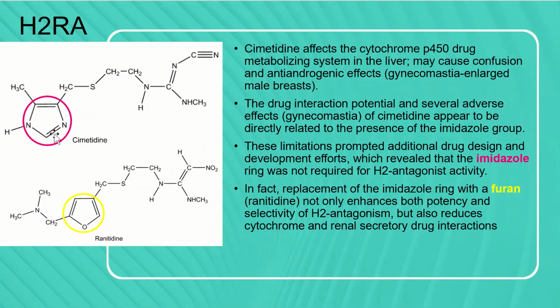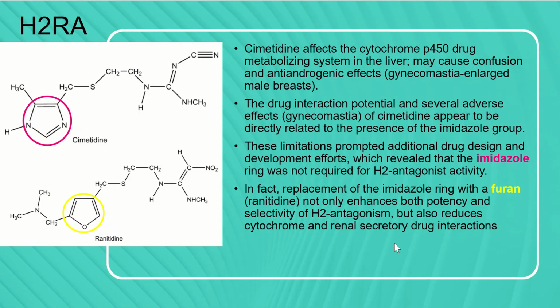And so if you replace this ring with a furan, as was seen in ranitidine, not only does it enhance the potency, so ranitidine is more potent, and the selectivity was also enhanced, but it also reduces cytochrome and renal secretory drug interaction.